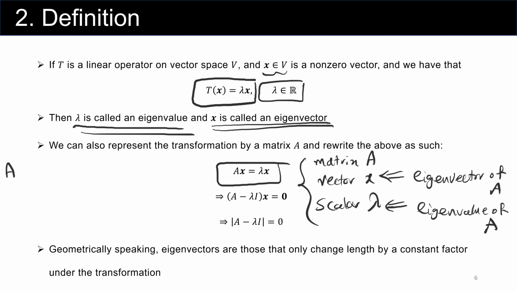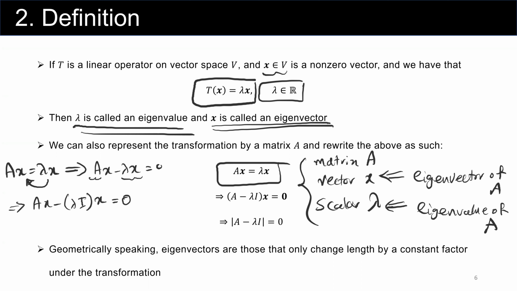So we start with Ax is equal to lambda x, and then we bring lambda x to the other side of this equality. Ax minus lambda x is 0. And then, because A is a matrix, we try to show this in the matrix format. Ax minus lambda multiplied by I, which is the identity matrix, multiplied by x is 0.